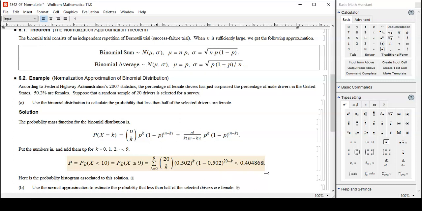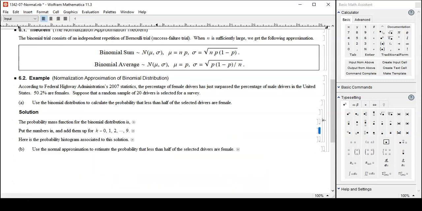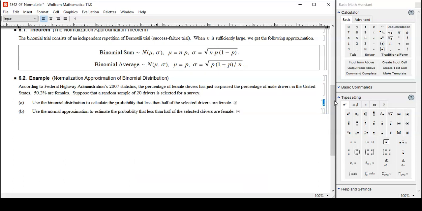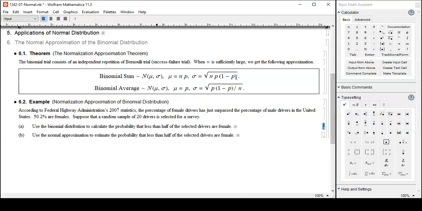You cannot do this computation. Instead, you'll have to use normal approximation. So, how do you do that normal approximation? Well, there are two ways. One is using binomial sum, and the other using binomial average. Which is easier? Binomial average method is easier, so let's use that.